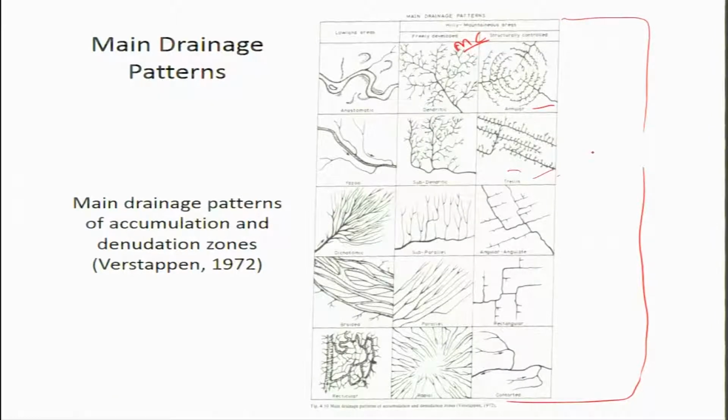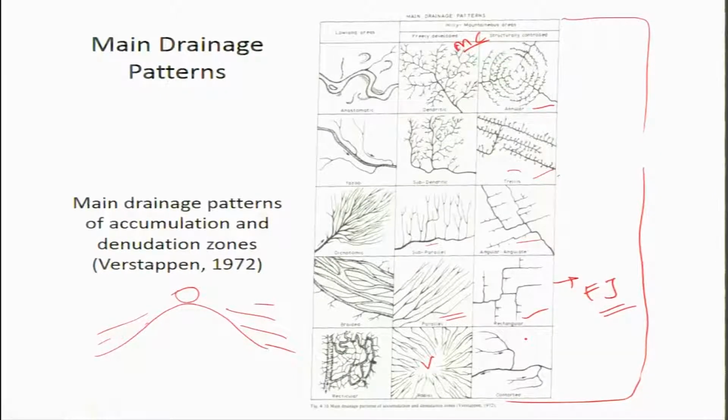This is trellis, this is angulate pattern, this is parallel to subparallel, this is acute parallel, means parallel drainage pattern, this is rectangular. These are also common to faulted and jointed topography. And this is radial pattern, as I explained, in case of a volcano, volcanic cone or some domal structure, you will find the streams radiating outward from the center.